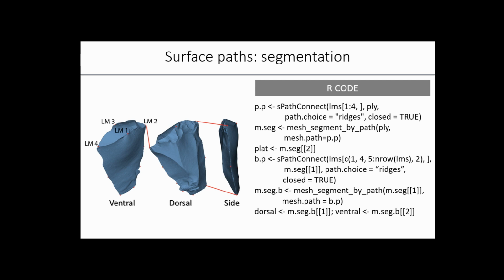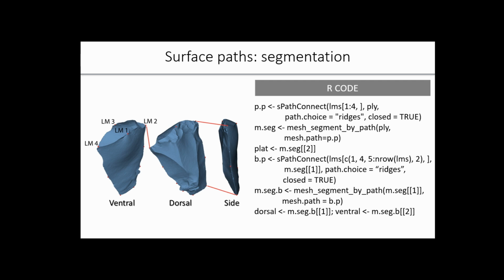Then you have this function, mesh segment by path, which allows you to actually cut the mesh along that path. That will output isolated surfaces in order of their size. So because this platform component is much smaller than the body of the flake, the platform of the flake will be the second element in this list, and the body will be the first element.